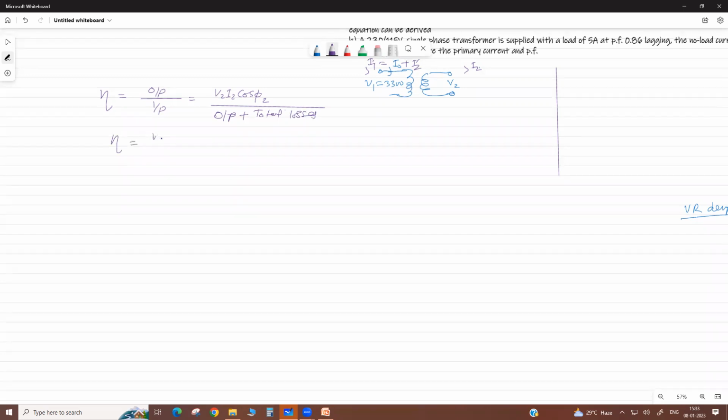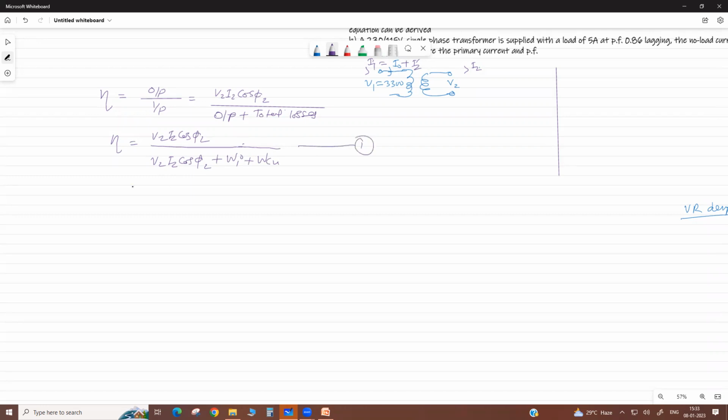So this output is V2 I2 cos phi 2, divided by V2 I2 cos phi 2 plus total loss, meaning iron loss plus full load copper loss. This will give you efficiency.